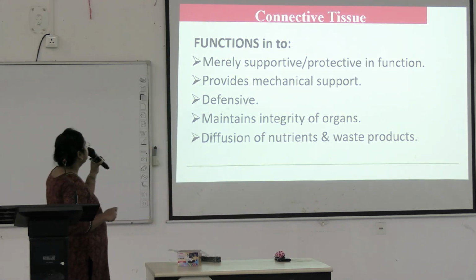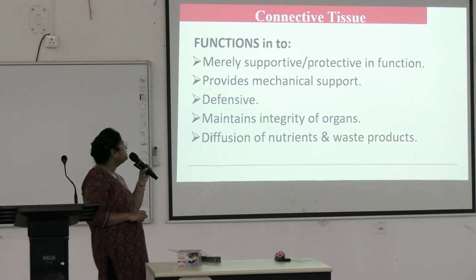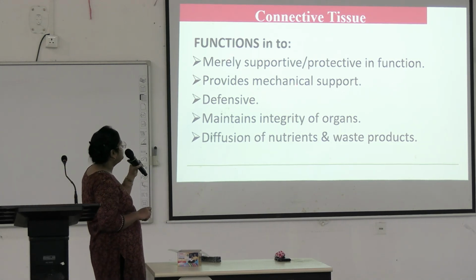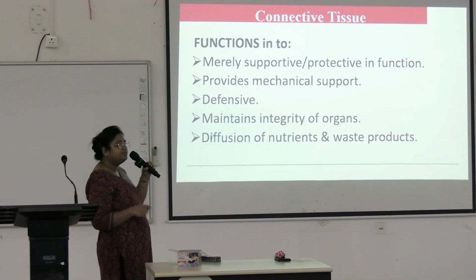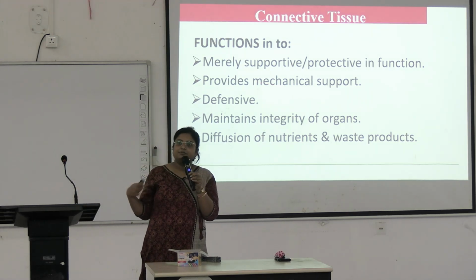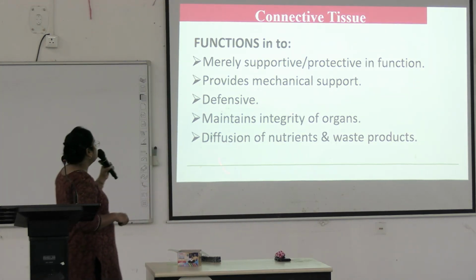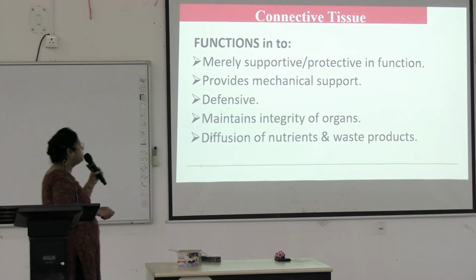Connective tissue is mainly supportive or protective in function, and provides mechanical support. It has a defensive action because of the presence of different types of cells and antibody production. All this helps in the defensive mechanism and maintains the integrity of organs.